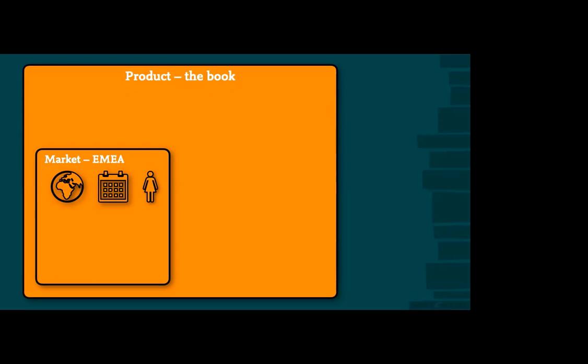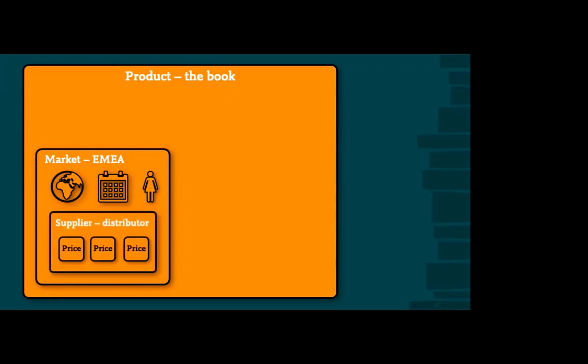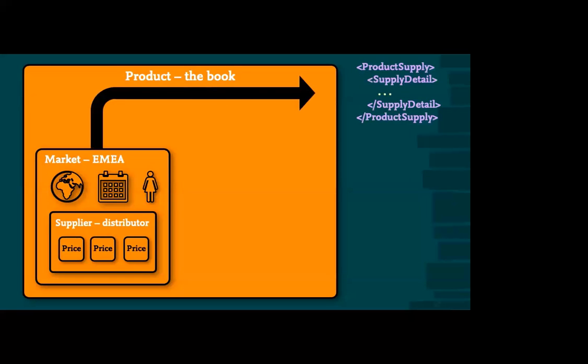And this market has a supplier that operates in the market and charges various prices according to country, currency, customer type, and so on. In the ONIX, this is all described inside product supply, and the supplier, the distributor, is specified inside supply detail.